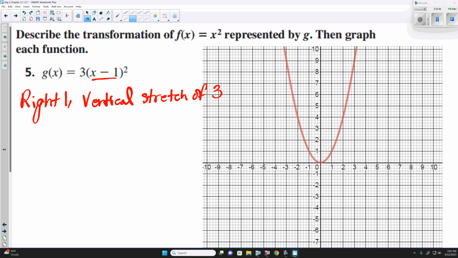If it had been parentheses 3x, then it would be horizontal shrink of 1/3. Now again, the negative in one of these two spots, in front of the x or in front of the 3 here, would have been a reflection. Questions on this here?